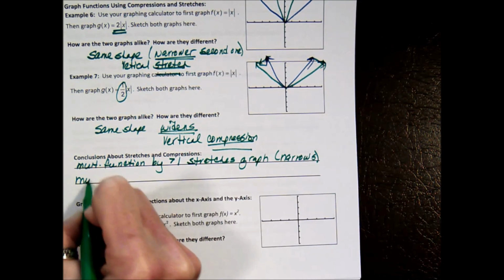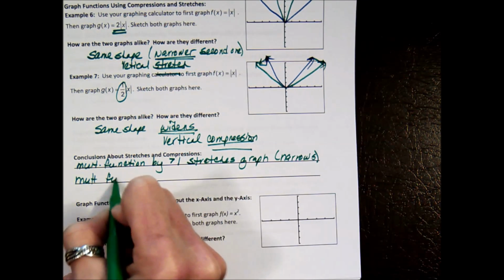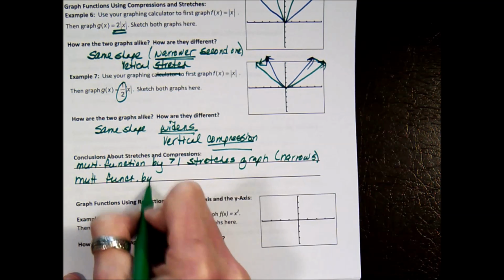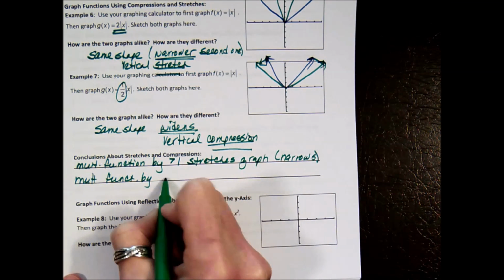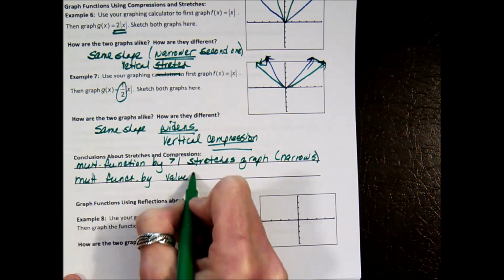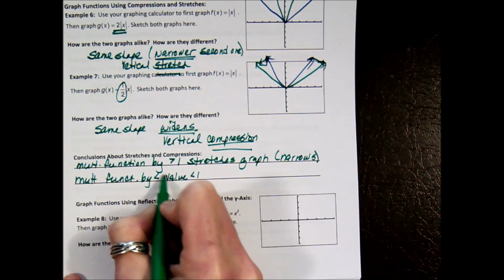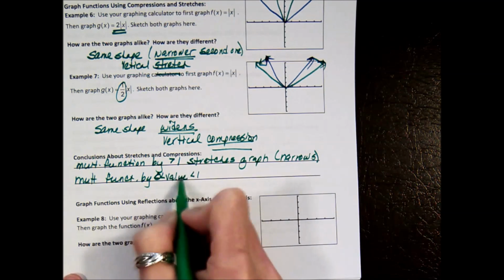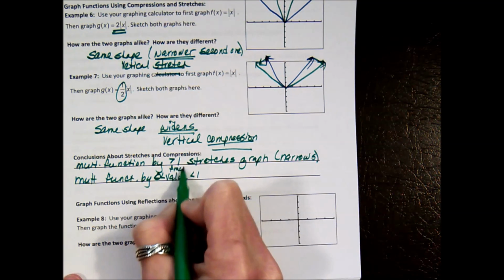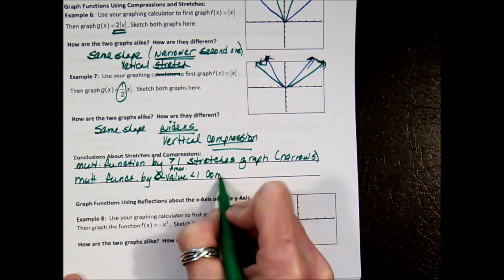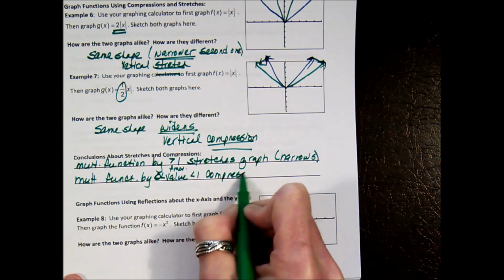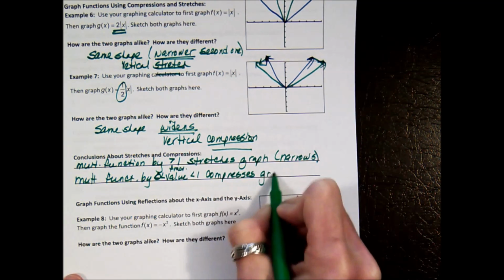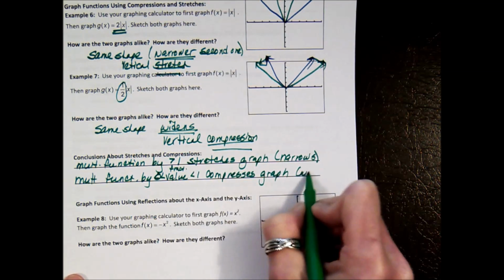Multiplying the function by a value that is less than 1, but it has to be greater than 0. You can't multiply it by 0, obviously. So the value that you're multiplying by means it's a fraction. It compresses the graph, which causes that graph to widen or to get fatter.